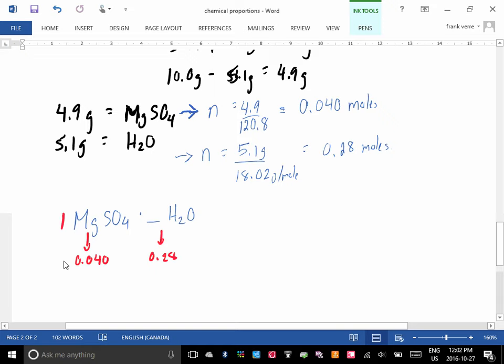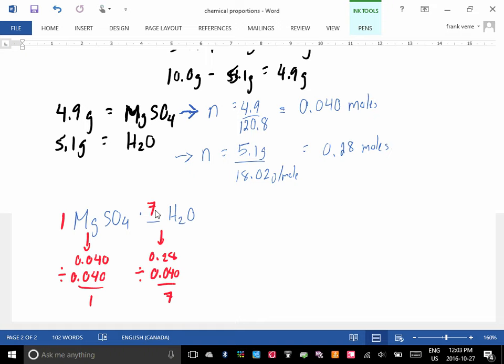Well, to make 0.040 into 1, I divide it by 0.040, and that gives me 1. But whatever I do to one side, I do to the other side. So I divide this side by 0.040, and I get 7.